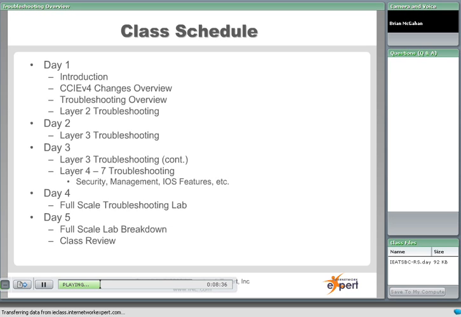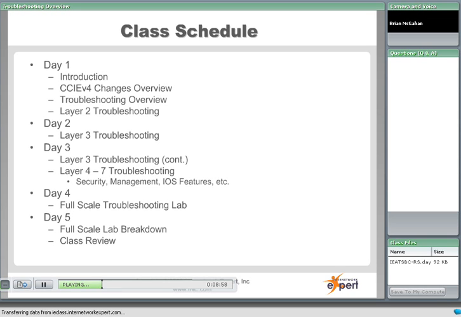We're going to talk about the different common issues for the technologies, and what different verifications we can do with the show commands and the debug commands. I am going to be doing a lot of examples live on the command line, showing how to do this verification, how to do this troubleshooting, breaking different configurations in the network, and then looking at how we would deal with those issues.